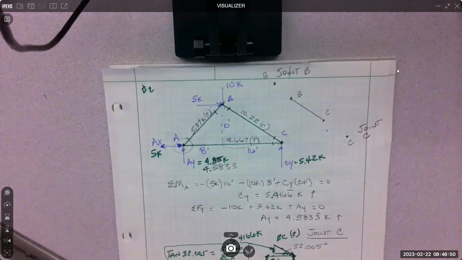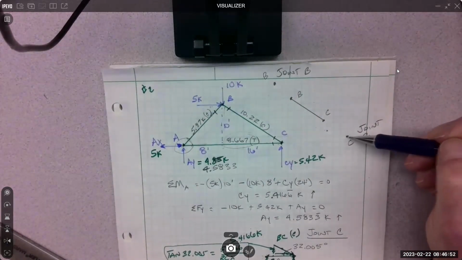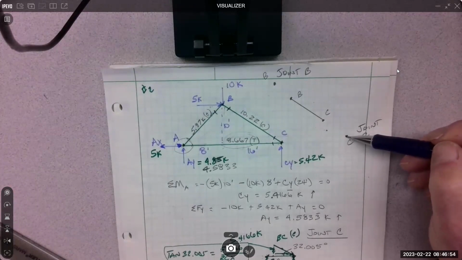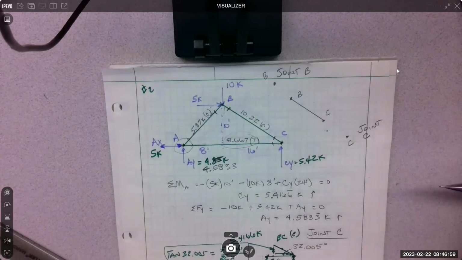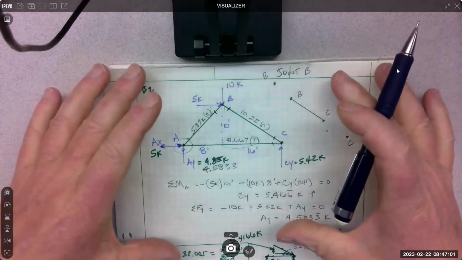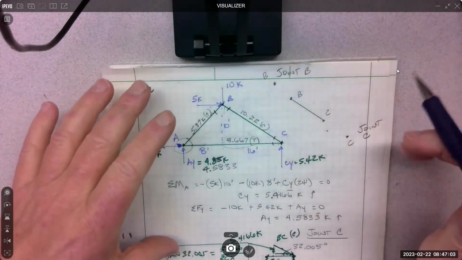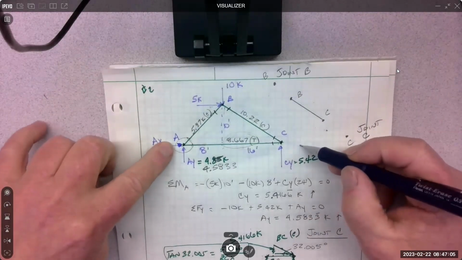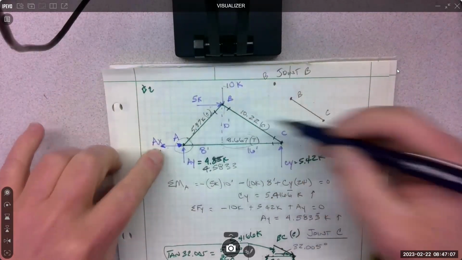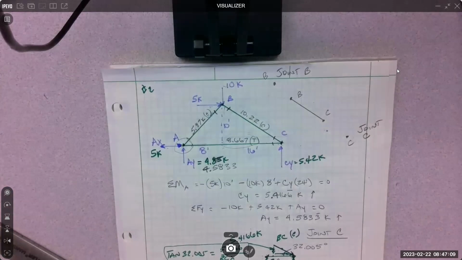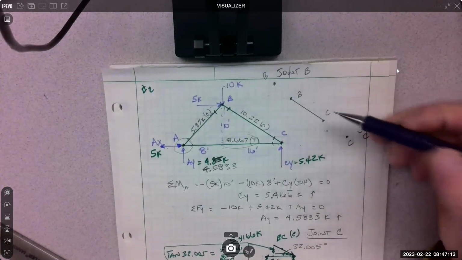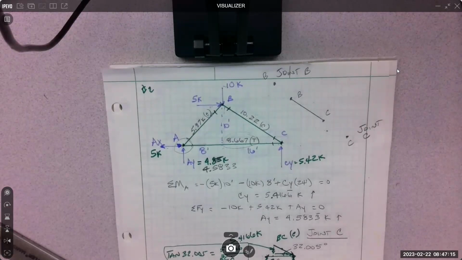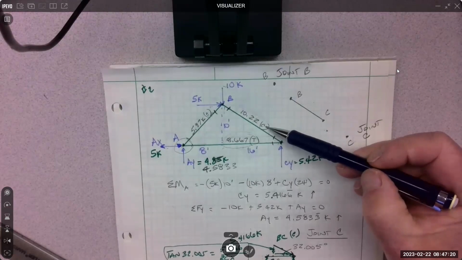So when we did our joint analysis, this is what we did the analysis of, joint C. And this is just a removed member BC. So you could blow this thing apart, exploded view kind of thing, right? Where the joints are out here and the members are floating in space. So we found BC to be in compression, right?